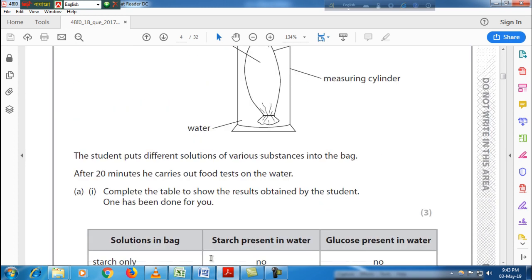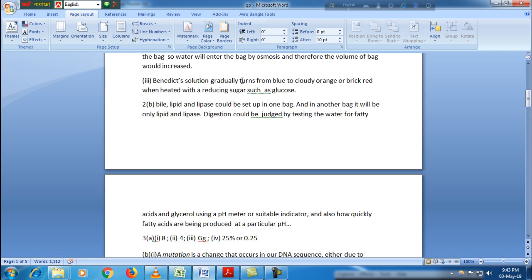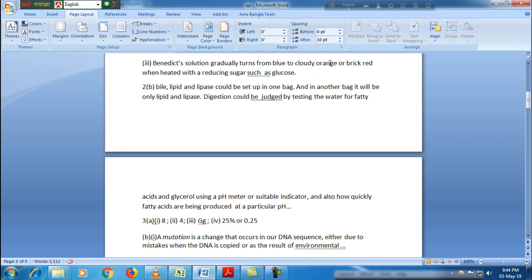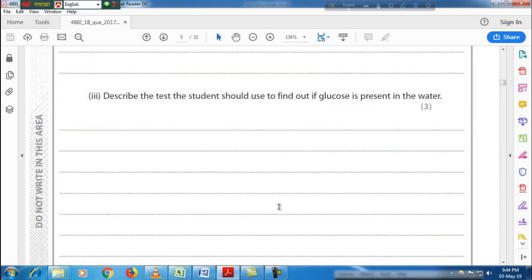So the answer for this is, in hot water, Benedict's solution gradually turns from blue to cloudy or orange or brick red when heated with a reducing sugar such as glucose. So we have to give the heat in hot water. The experiment should be done in the hot water.